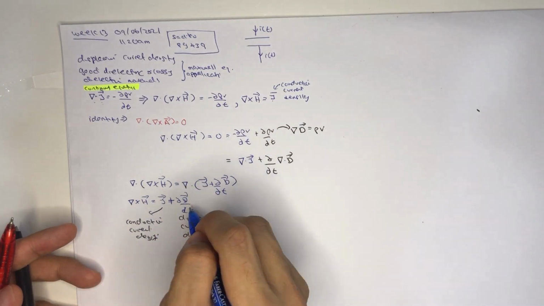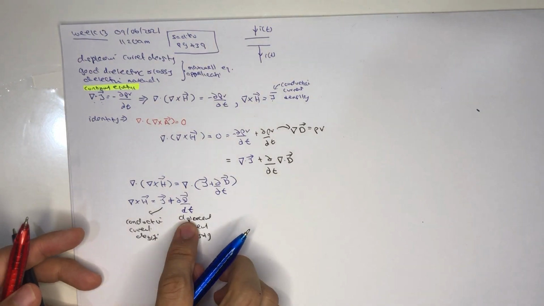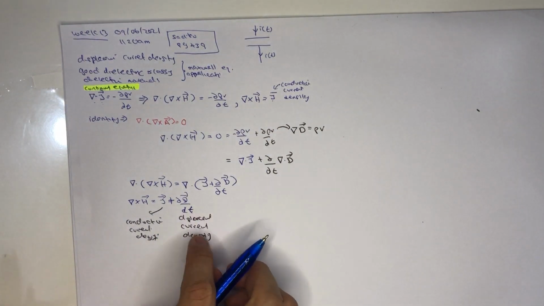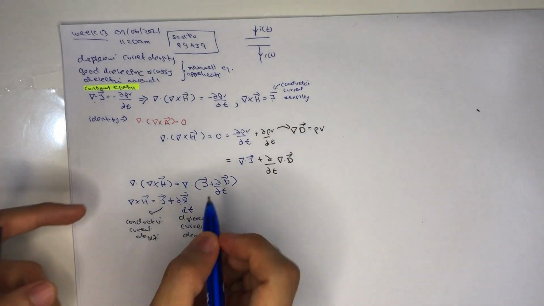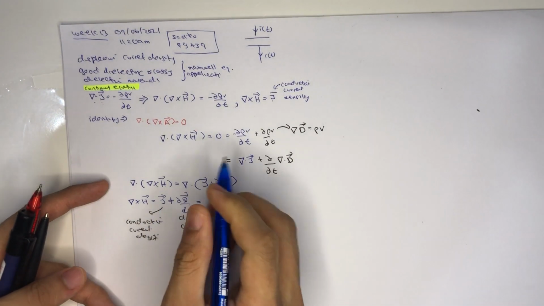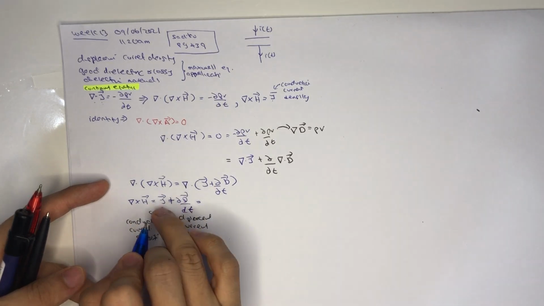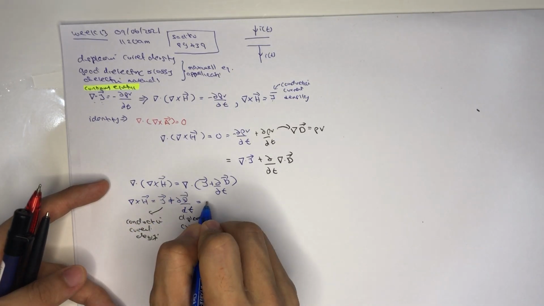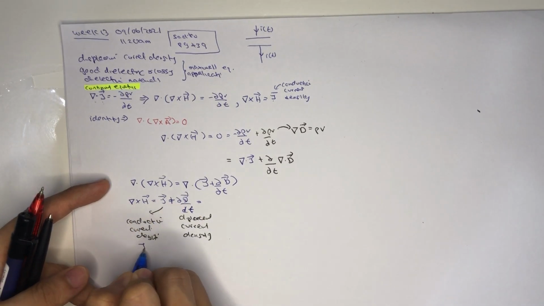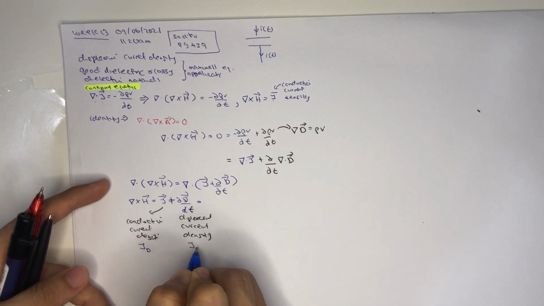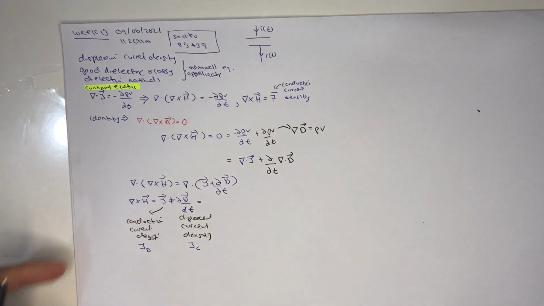Notice this J has no time component, and this one is the displacement current density. For proper labeling, this will be your JD, and this one will be your JC.